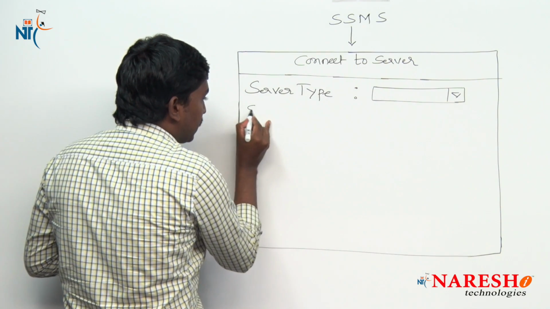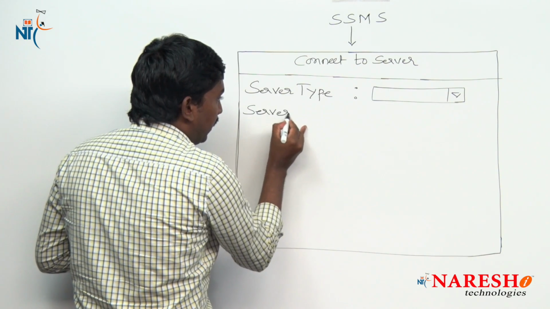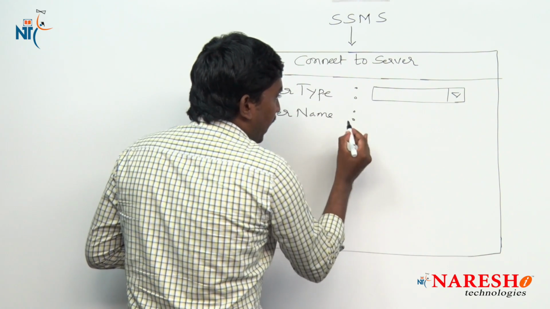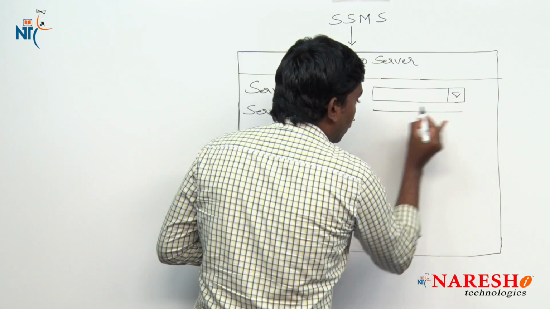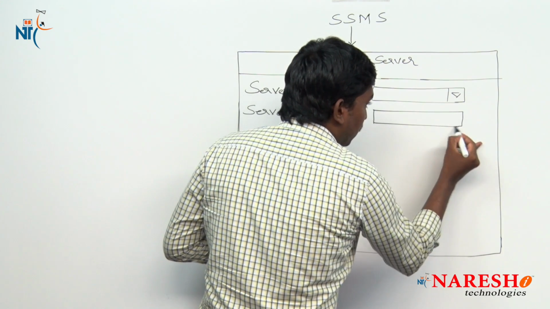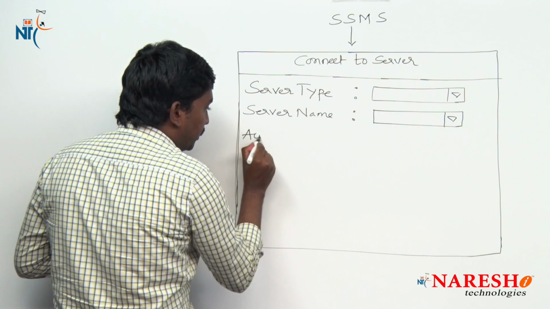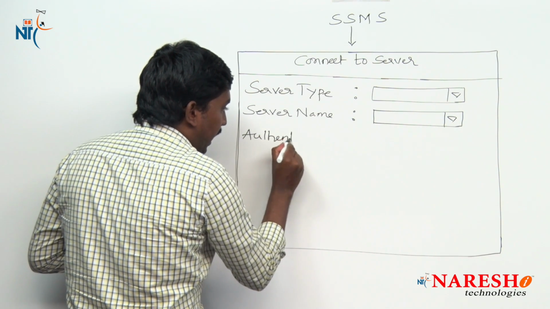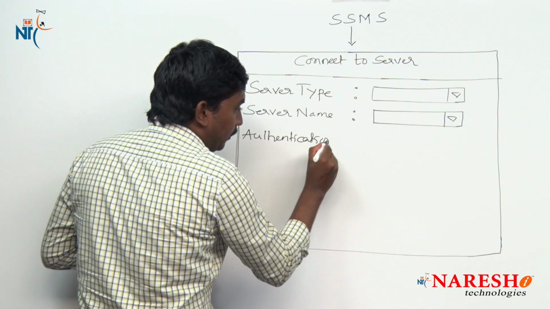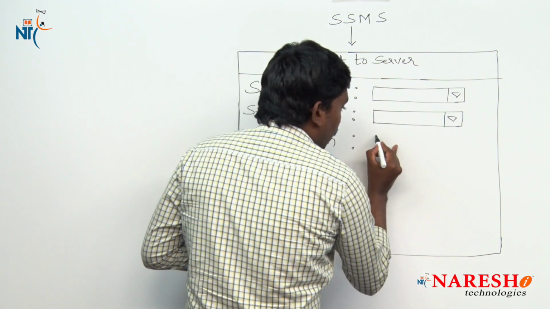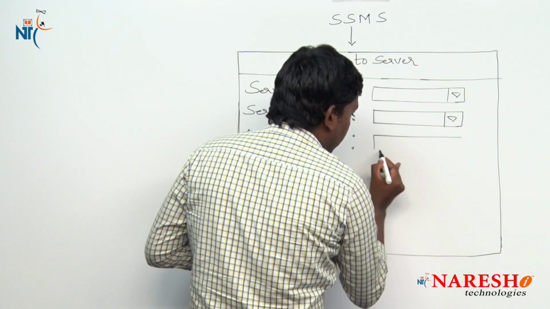In the same way, the next one is the server name, and this also has a drop-down list control. One more option is authentication, and here also we have one drop-down list control.